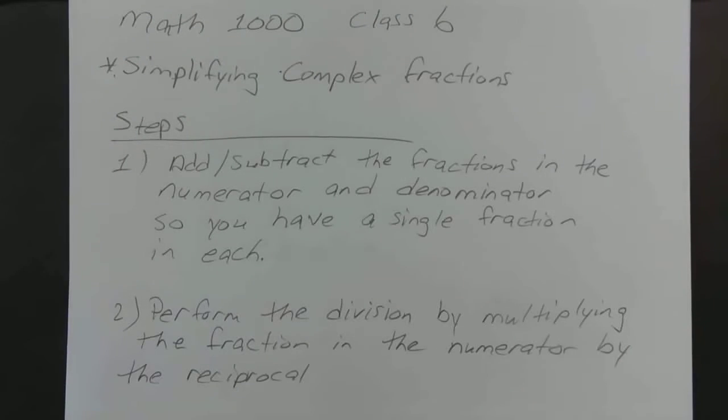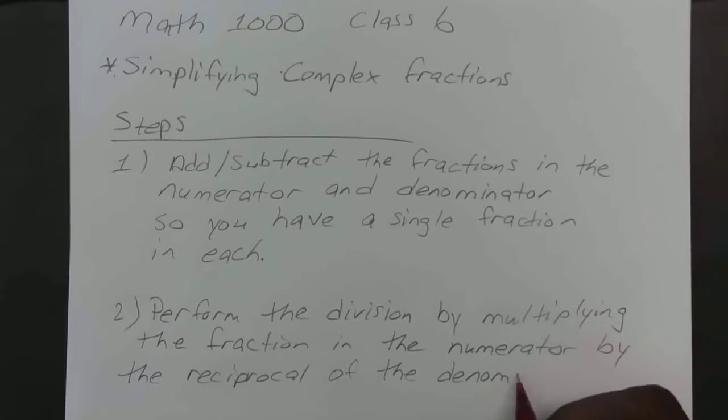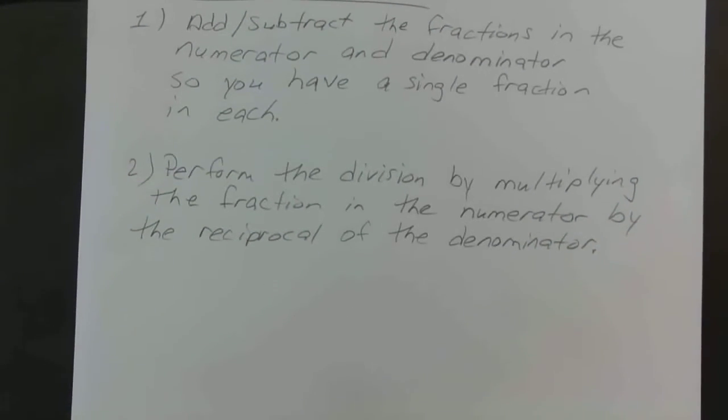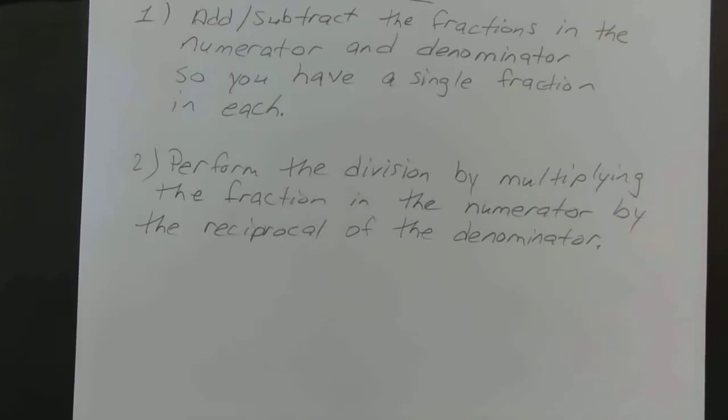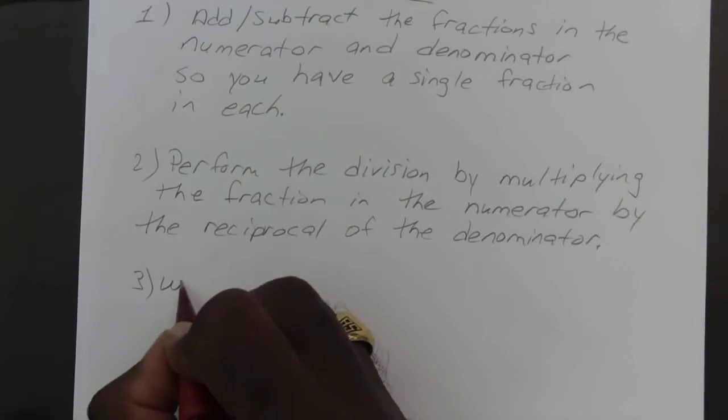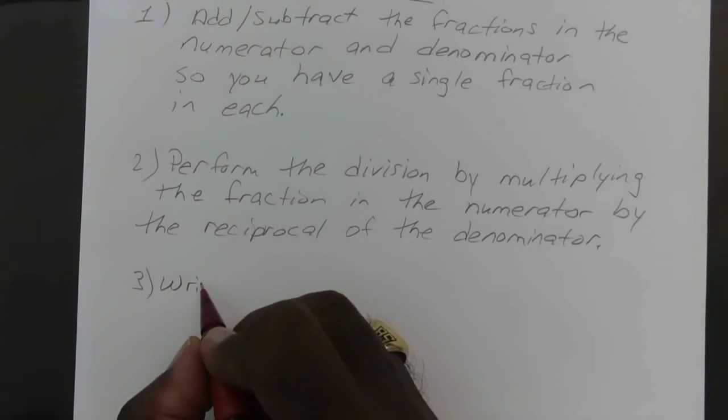Remember, reciprocal is just a fancy way to say flip the fraction of the denominator. Okay, and third step, you just want to write it in the lowest form. I mean, simplest form.